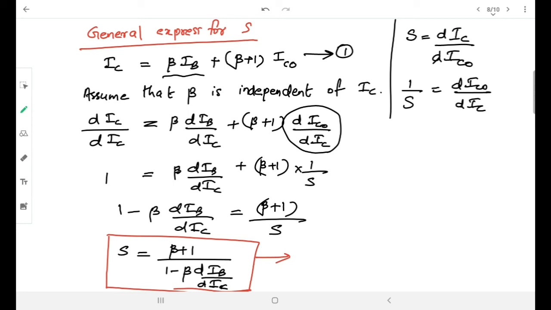In the next session we are going to discuss the biasing circuits, or the methods of biasing. We are studying three main methods of transistor biasing in detail, and we will calculate the stability factor in each case.